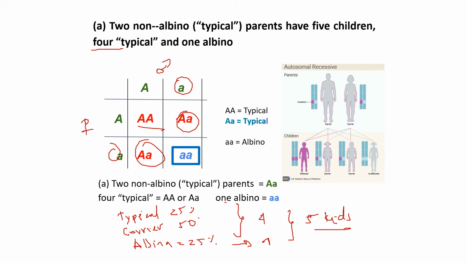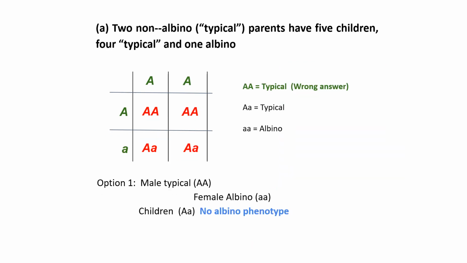So this is perfect. Remember that these are just proportions, and as we have so few samples, only five, we don't get the perfect 25%, 50%, and 25%, but actually we got very close to that. Now let's go and solve the other.